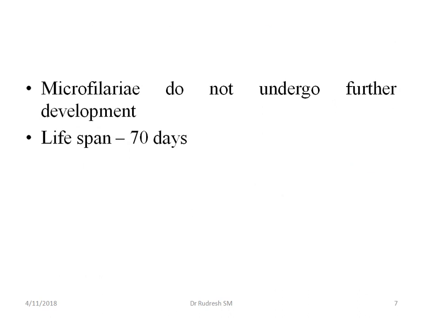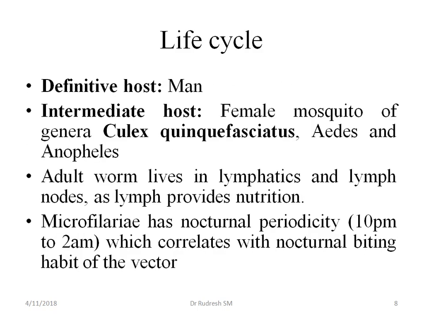Usually microfilariae, once released, do not undergo any further development. If they are not taken up by the mosquito, they usually live for 70 days, and after that they will be destroyed.